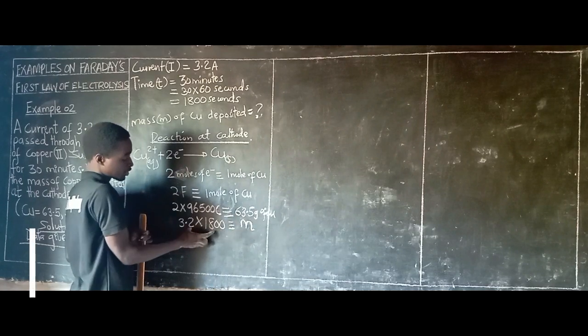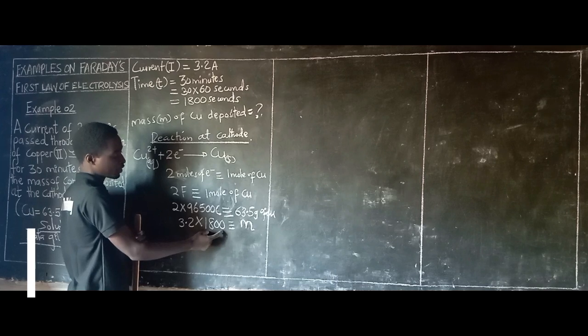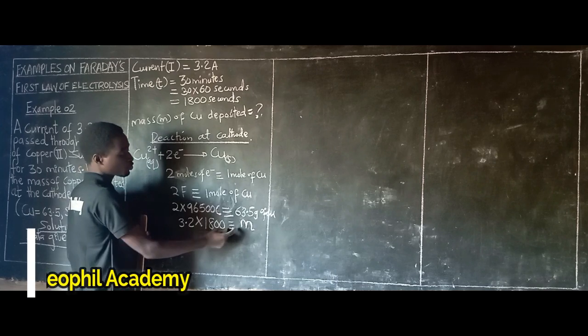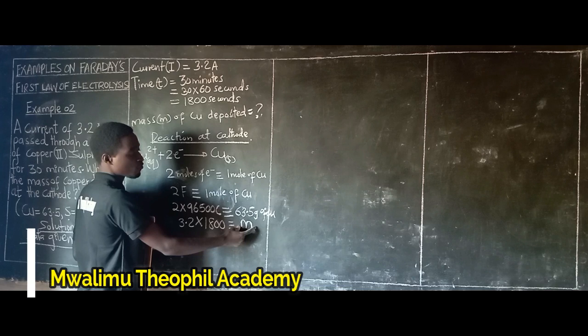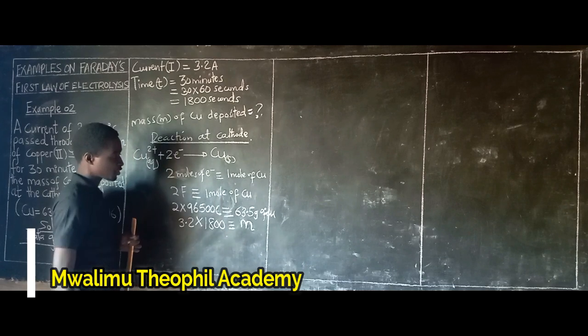When this current is applied within this time, mass m of copper will be deposited at the cathode, and this is what we are looking for according to the question given.